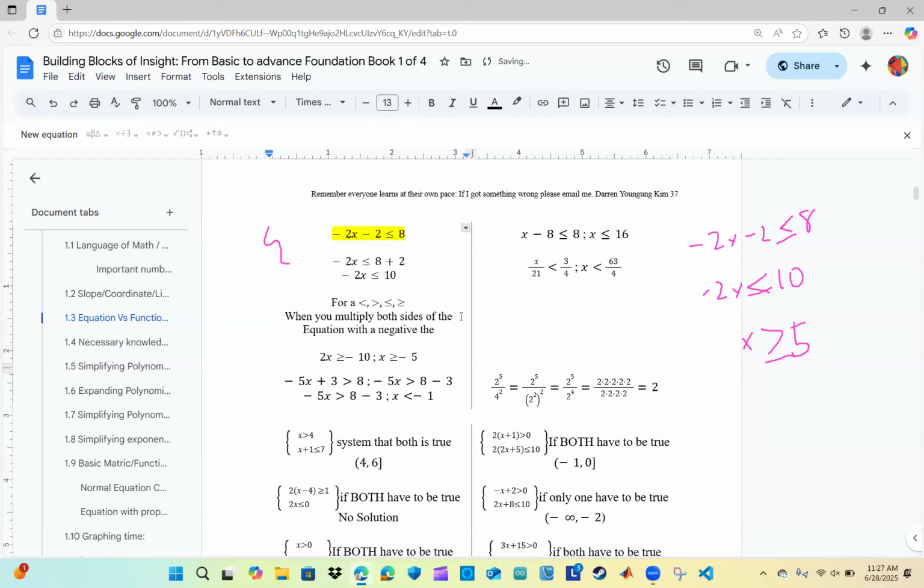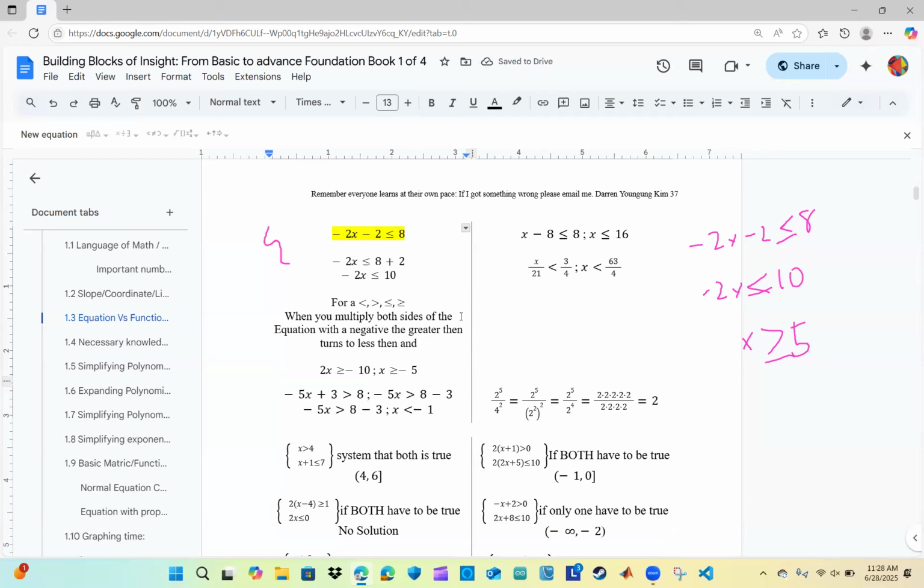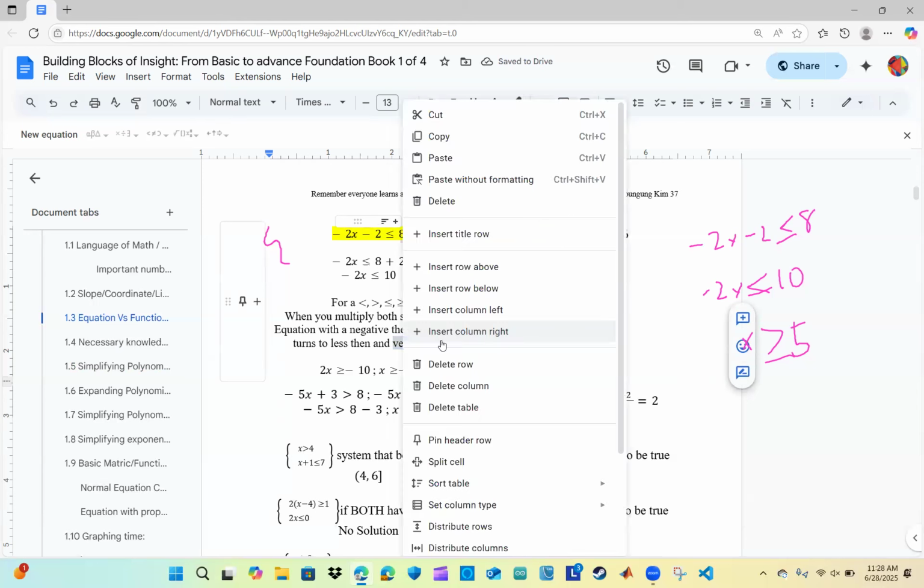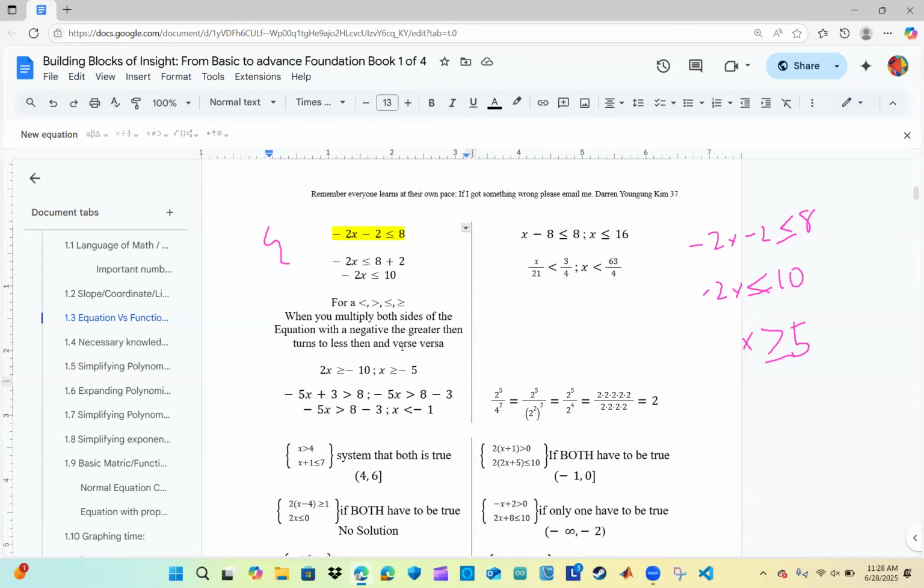How do you spell vice versa? I think I spelled that wrong. Oh well, I'll figure it out later.